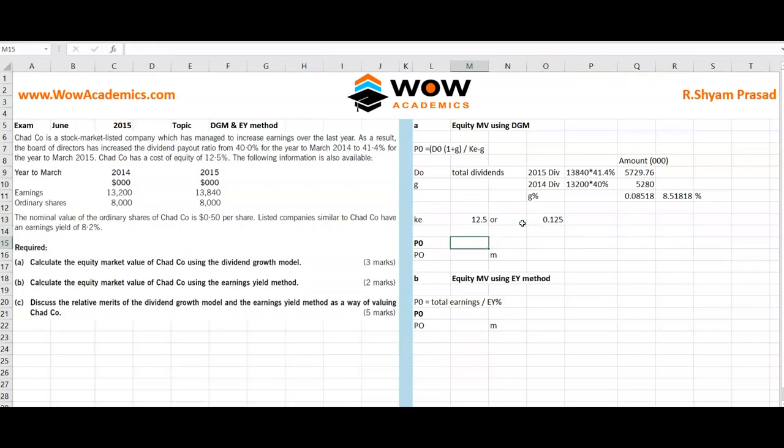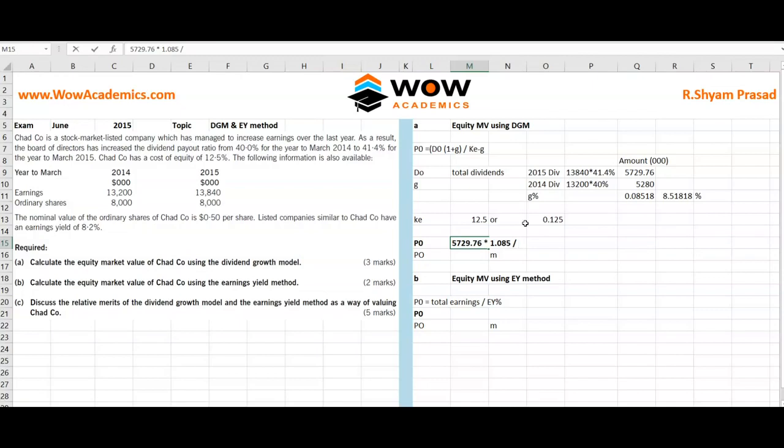The P0 would be the D0, which is 5729.76, into 1.085, divided by Ke minus g.